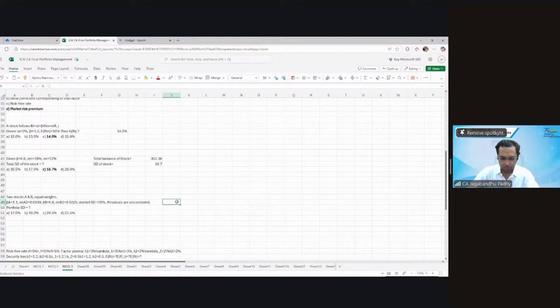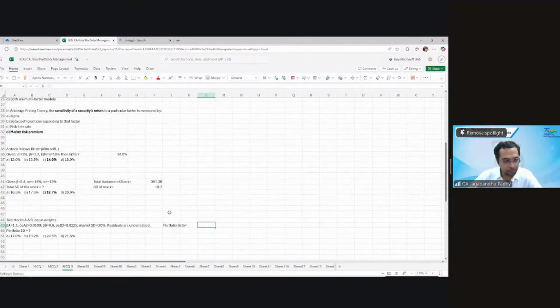First we need to get the portfolio beta. So portfolio beta will be 1.1 into 0.5 plus 0.6 into 0.5. That's portfolio beta. And then we'll work out the portfolio standard deviation.